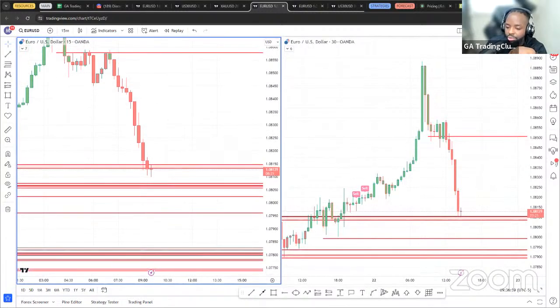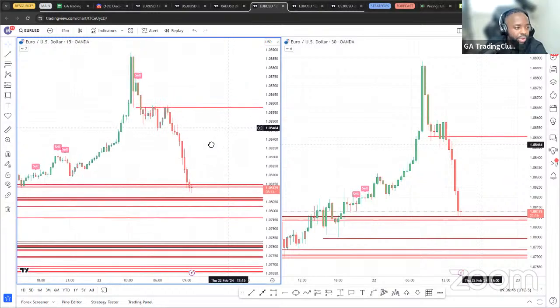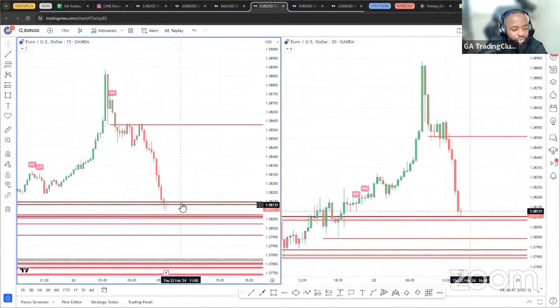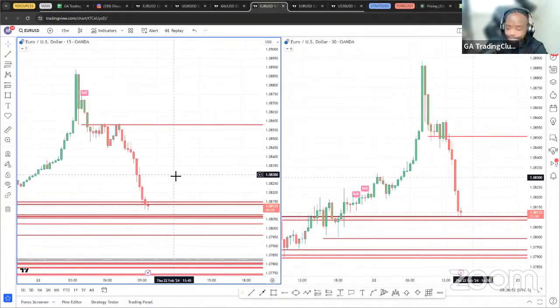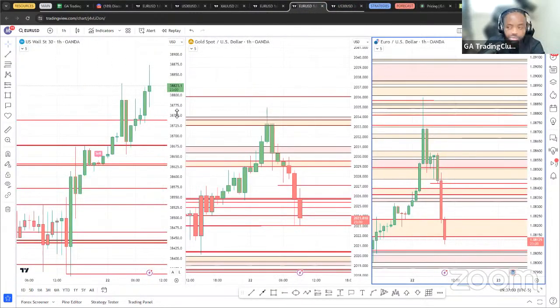I don't think I would be inclined to take a sell down here just as of yet. Maybe wait for a retracement up and maybe catch a momentum entry. We do have a 15-minute entry lining up here, but we'll see how that closes. I don't think I'll be taking that, mostly because EU moves a little too slow for my liking.